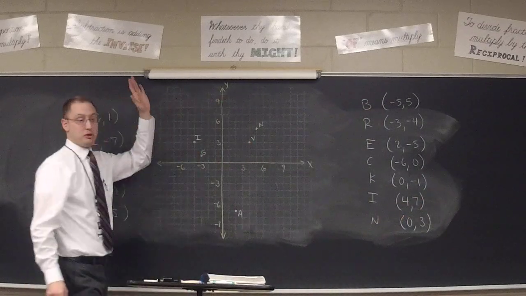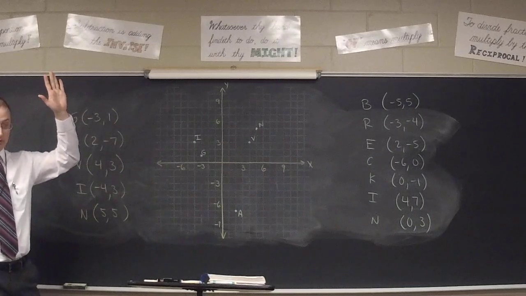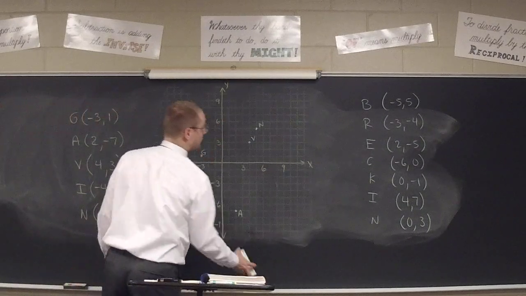All right, how many had Gavin plotted correctly, first of all? Everything was perfect when you graphed Gavin. Any questions on graphing Gavin? All right, graph Brecken.